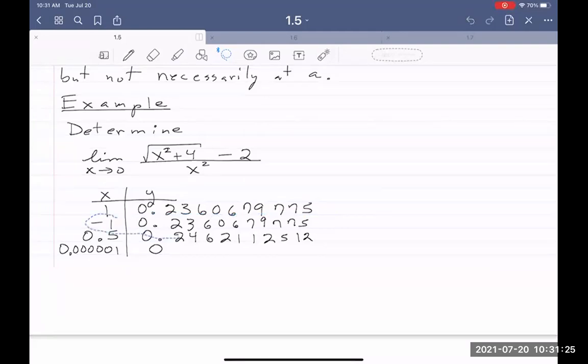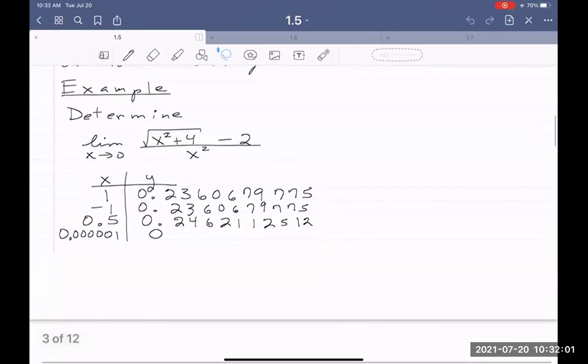If I plug in -1, I get the same answer because this is symmetric about the y-axis. So at -1, y is 0.23606797775, the same value. So I really only have to look at positive values, because the negative values give me the same answer.